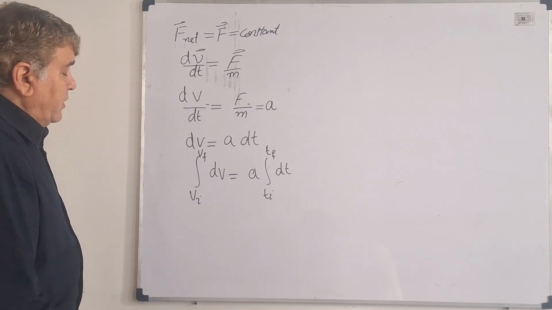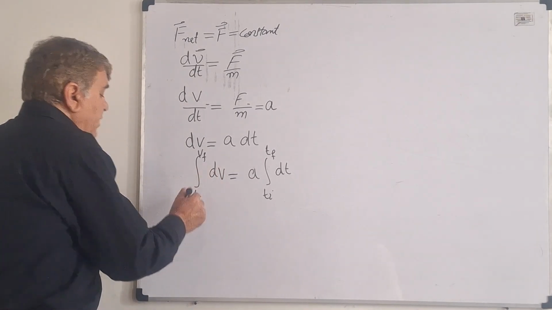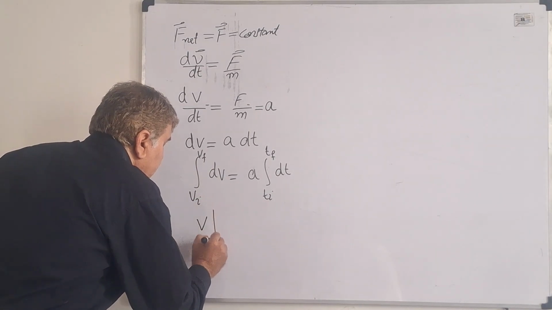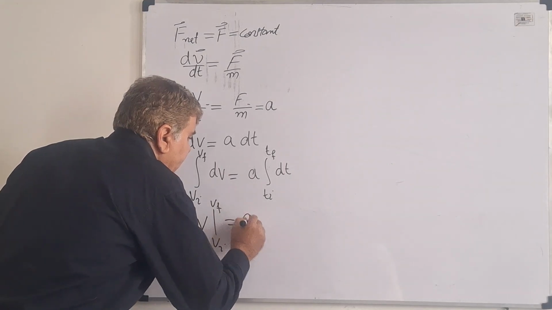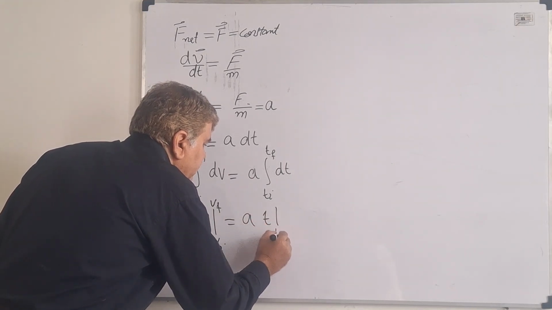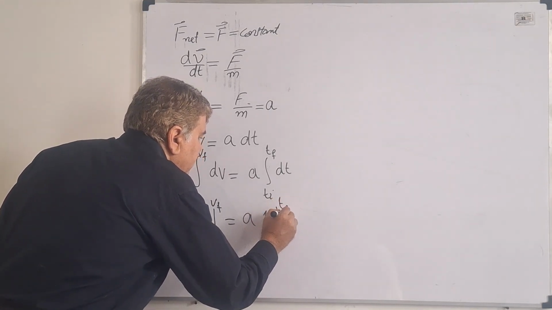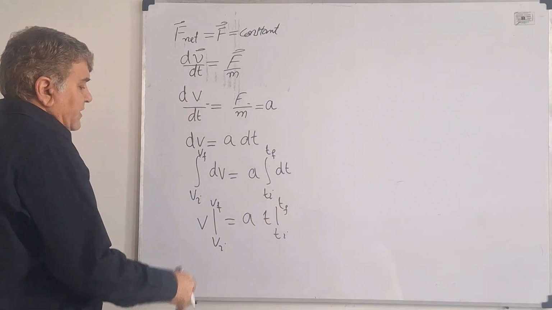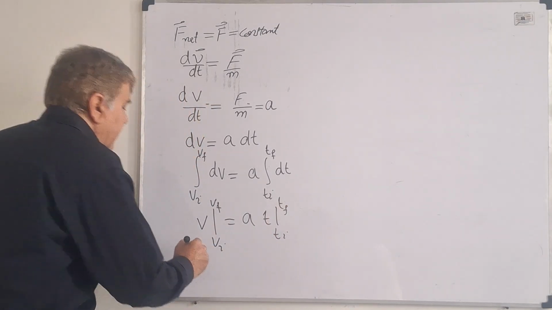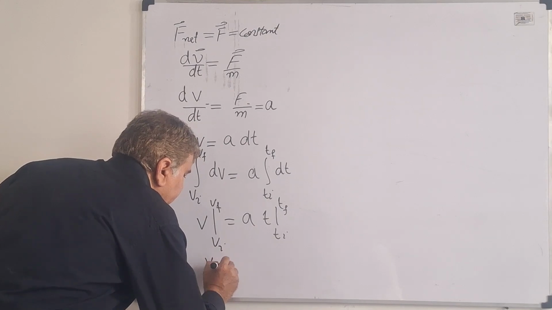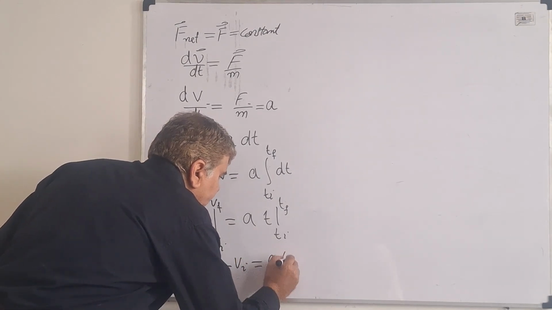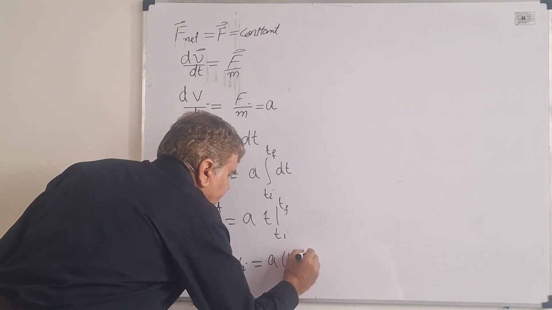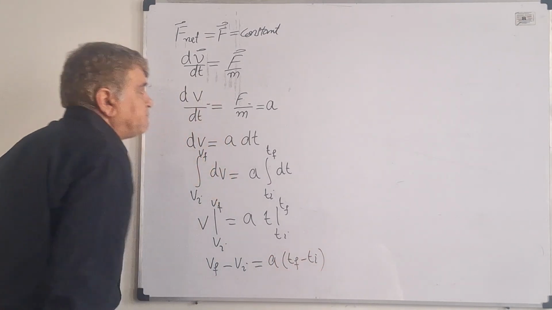And now this is very straightforward. This gives me v from vi to vf, and on this side I write t from ti to tf. If I substitute the limits, I can write this as vf minus vi equals a times (tf minus ti).